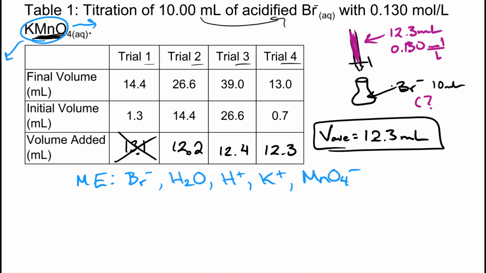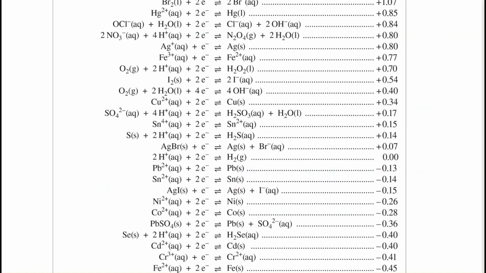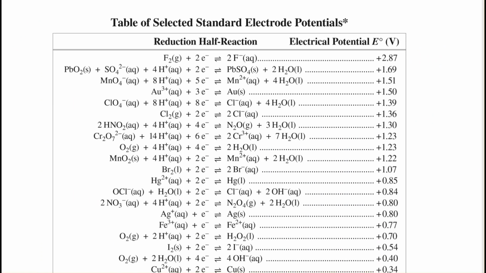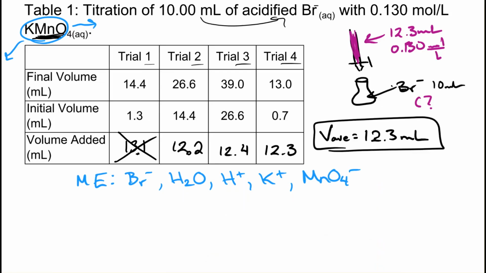Let's see what our strongest oxidizing agent and our strongest reducing agent are. Let's start with oxidizing agents. No, no, yes. We have permanganate and we have hydrogen ions. So the permanganate and the hydrogen ions are our strongest oxidizing agent. Let's look for our strongest reducing agent.